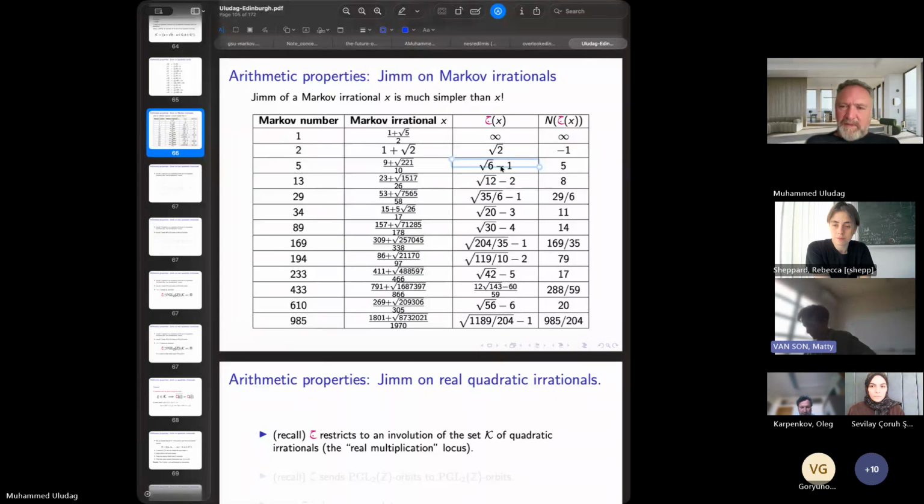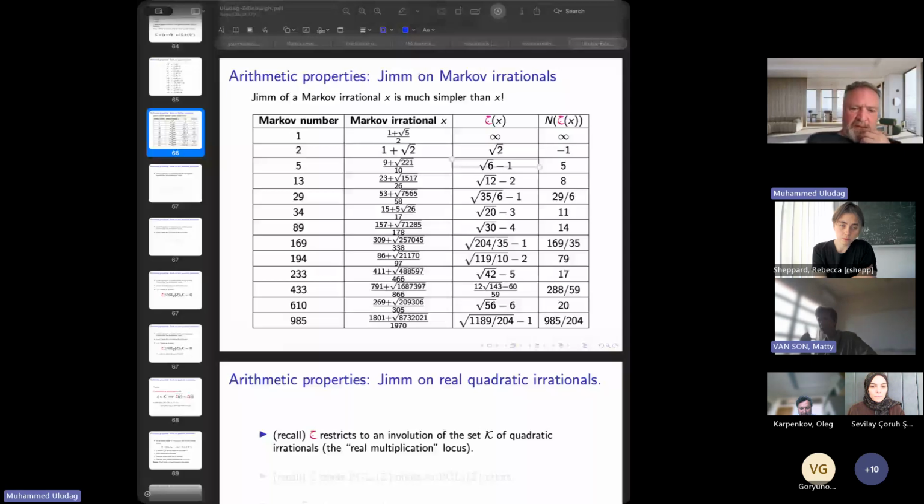I suppose I could ask one question, if you could explain something a little bit more. When you talked about the Farey tree and what Jimm does to paths in the Farey tree, could you explain that a little bit more? Because these zigzag paths correspond to regular continued fractions, if I'm not mistaken.